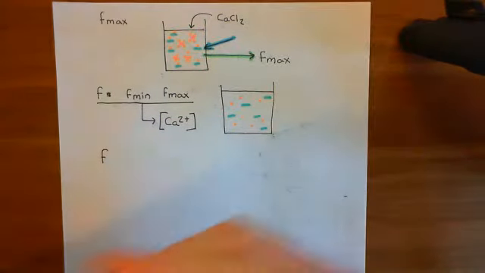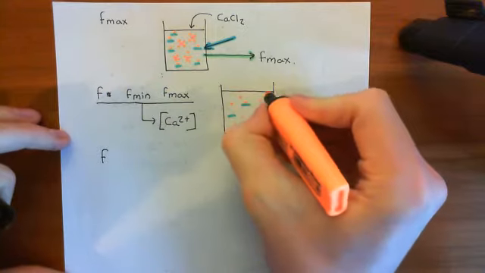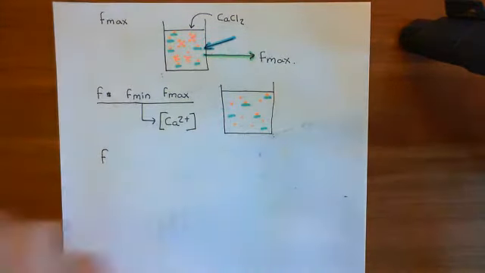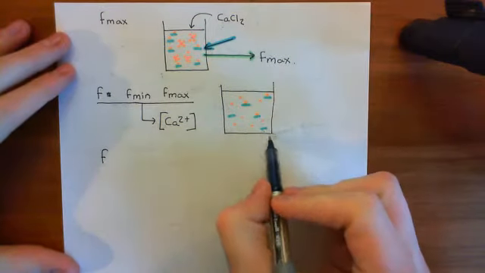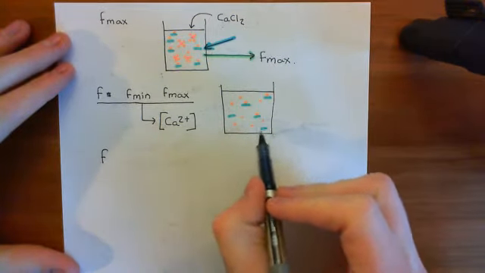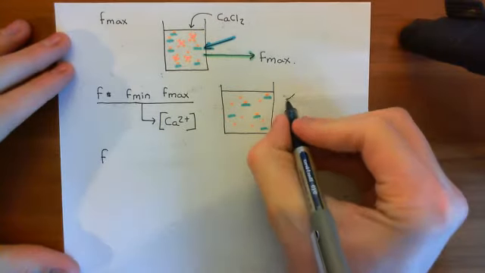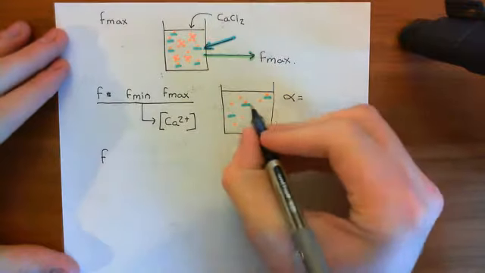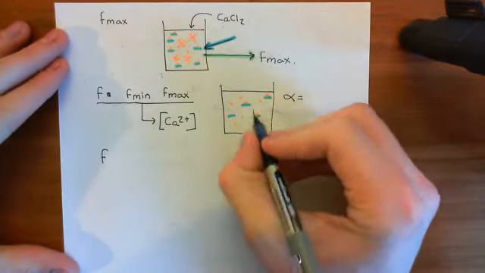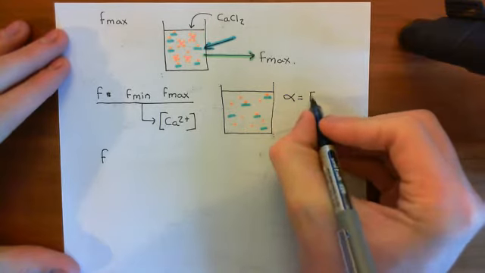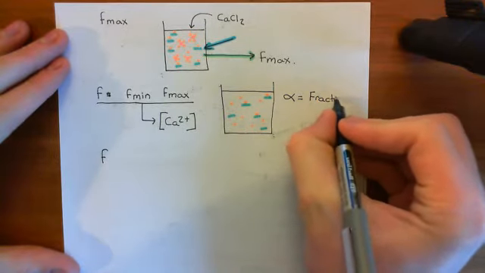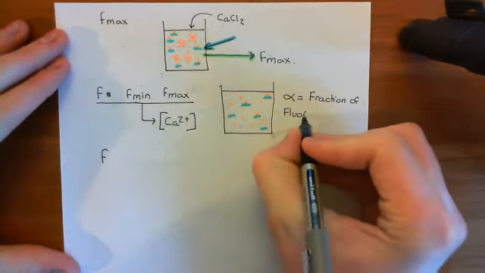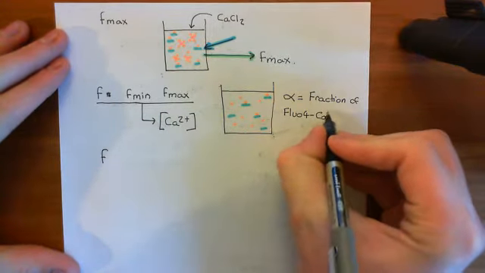The ones which do have calcium bound to them will be fluorescing at the higher level, and those which don't will be fluorescing at the lower level. So I'm going to let alpha represent the fraction of Fluo-4 molecules which have calcium bound to them. I'll just put Fluo-4 calcium.